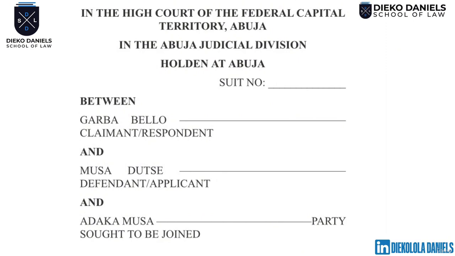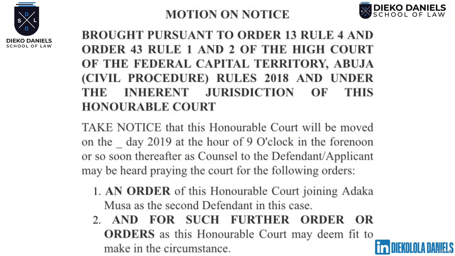Do you understand this? Now, we then go to the next part, which is the motion on notice. Motion on notice, then you say brought pursuant to Order 13, Rule 4 of the Abuja Rules, Order 43, Rule 1 and 2, and under the inherent jurisdiction of this court. I have told you severally that when we are talking about this brought pursuant to, there are 3 things that must be stated in it.